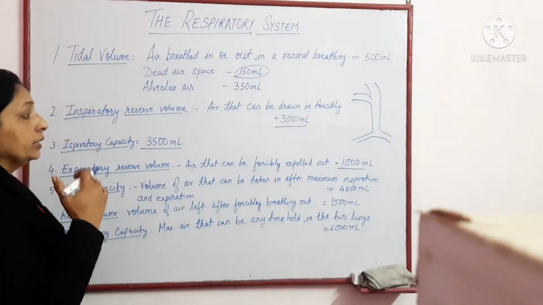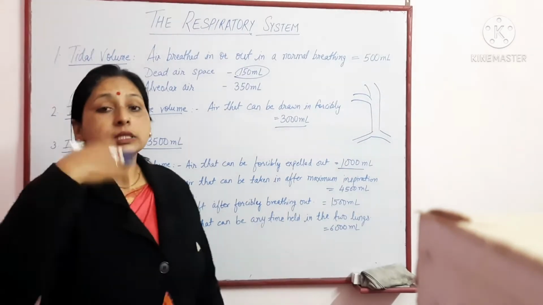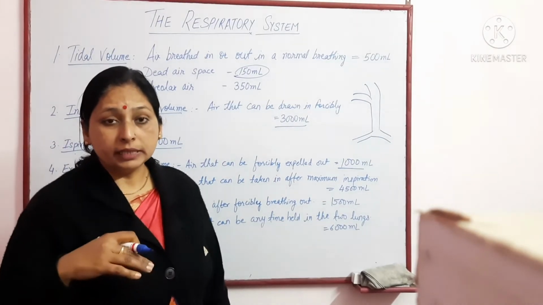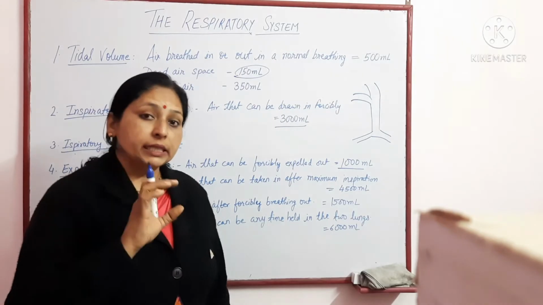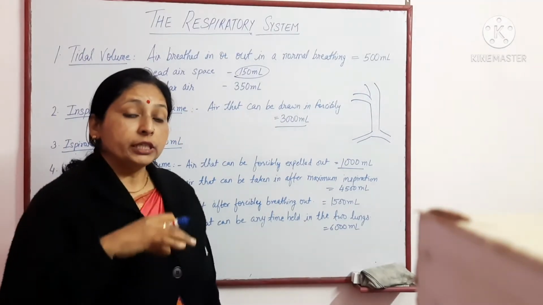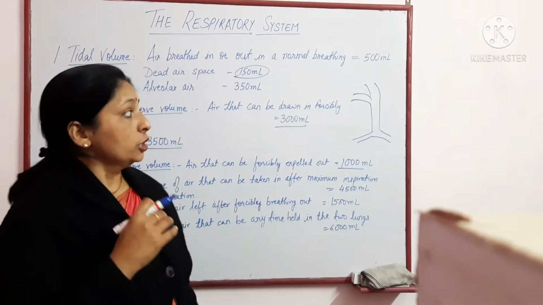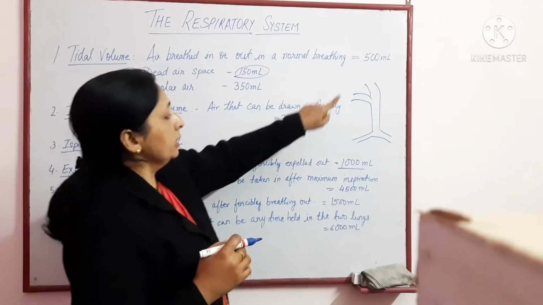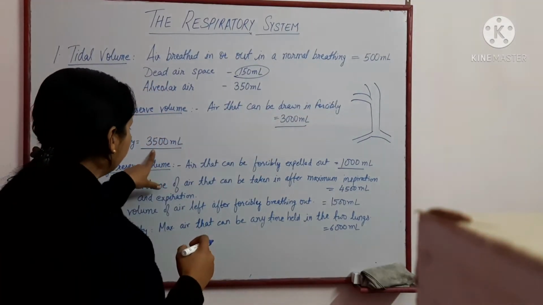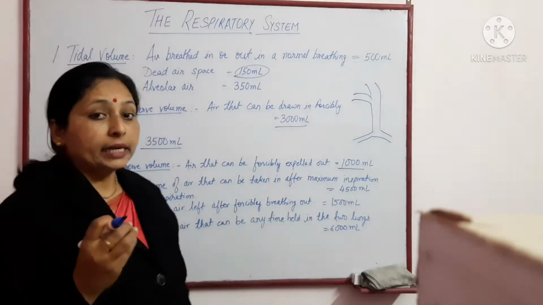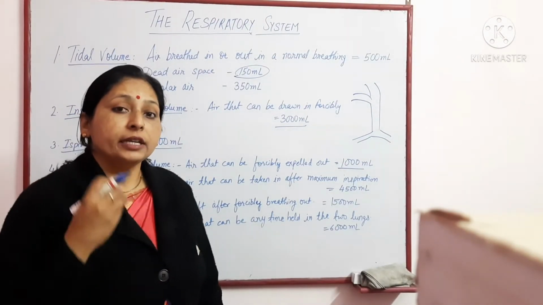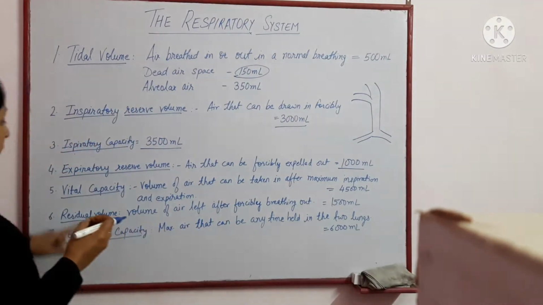After this, there is maximum forcible inhalation, which is 3000. Along with the tidal volume, it becomes 3500 milliliters, and it is termed the inspiratory capacity of the lungs.